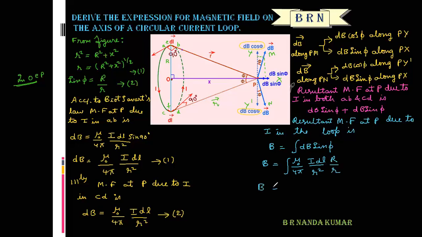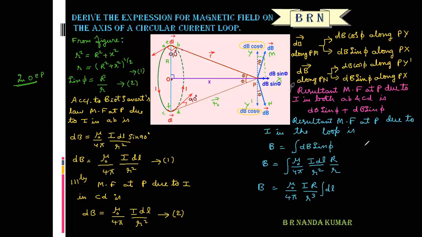So B is equal to the constant terms, take them outside. So mu naught divided by 4 pi I dl divided by r square, actually dl is not constant, dl is variable. So capital R is constant, take it outside. r square into R, that is R cube, integration of dl.